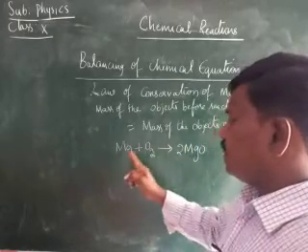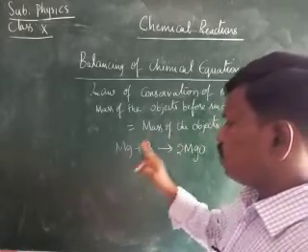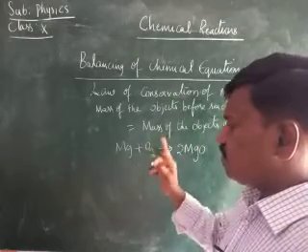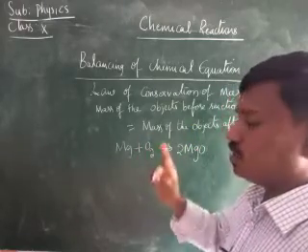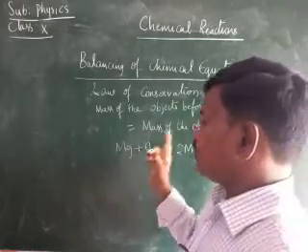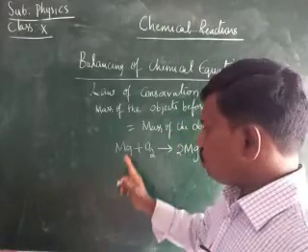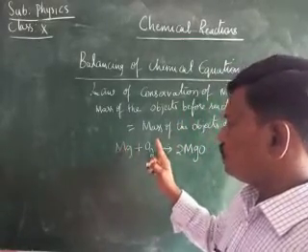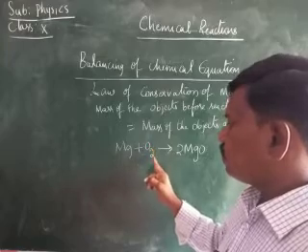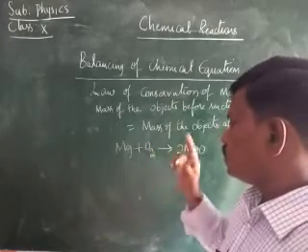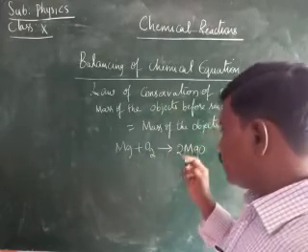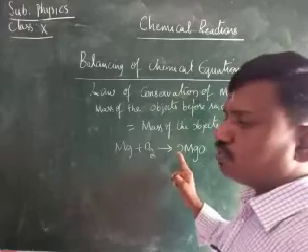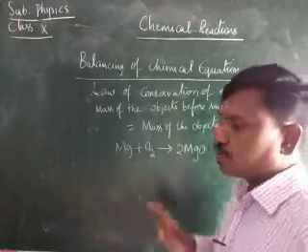The chemical equation gives the information about how many atoms are reacting in the chemical reaction. Here one atom of magnesium is reacting with two atoms of oxygen, and it gives two molecules of magnesium oxide.